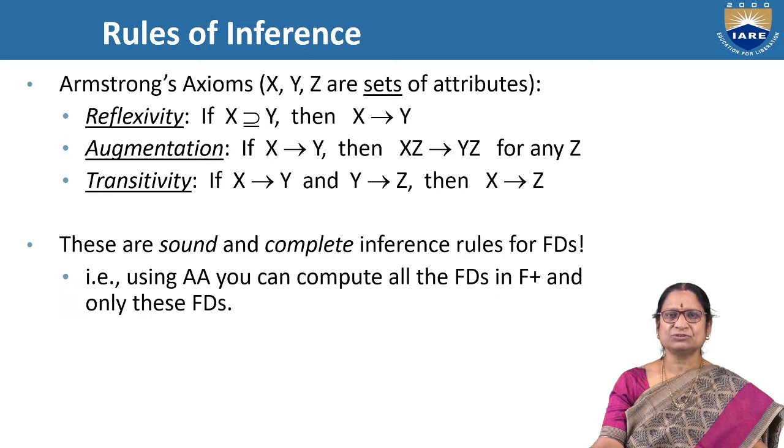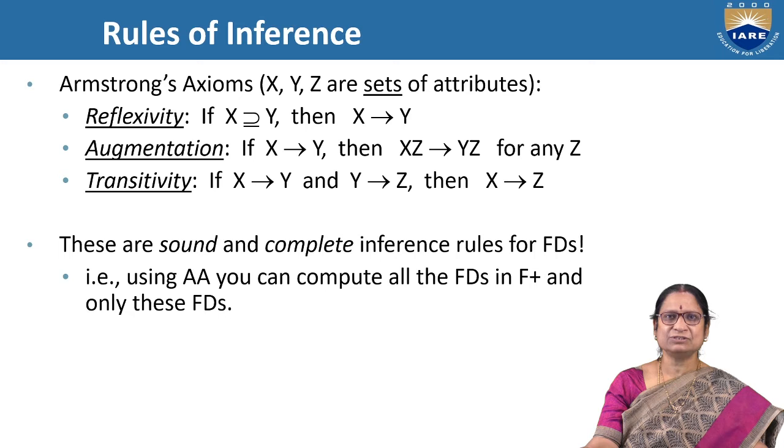And by using these Armstrong axioms, that is reflexivity, augmentation, transitivity, we can generate more functional dependencies. We will call these rules also rules of inference. Logically inferred FDs are going to be generated. All FDs which are logically derivable, the set of such FDs, are known as closure of the FDs, that is F plus.